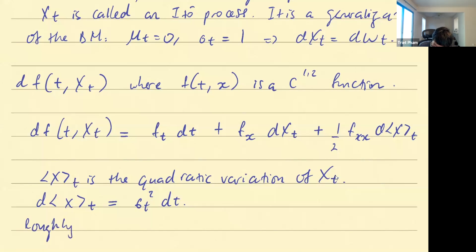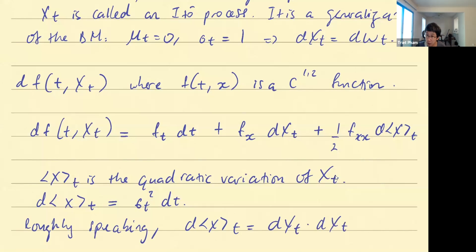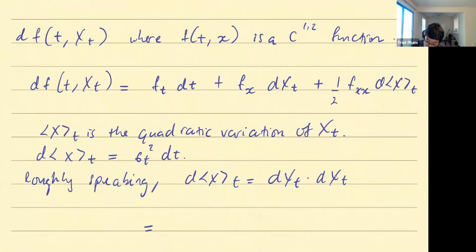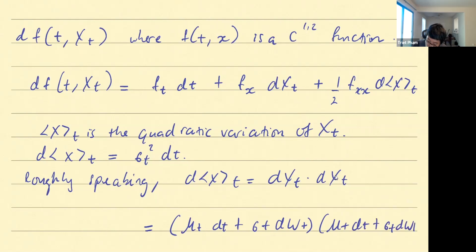Roughly speaking, the quadratic variation is like dxt times dxt. If you remember, this is like dwt times dwt. So this is like dxt times dxt, where dxt is mu t dt plus sigma t dwt, and then mu t dt plus sigma t dwt.